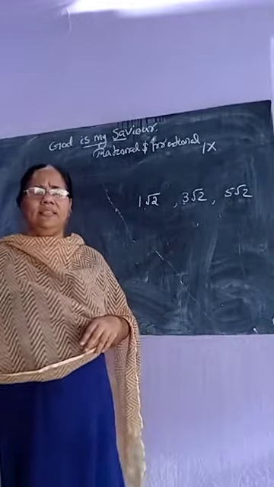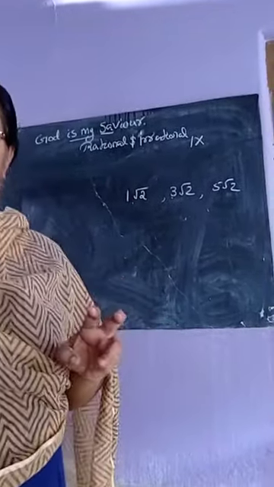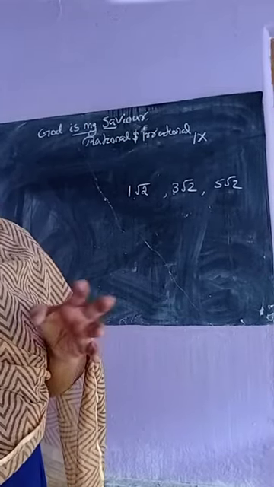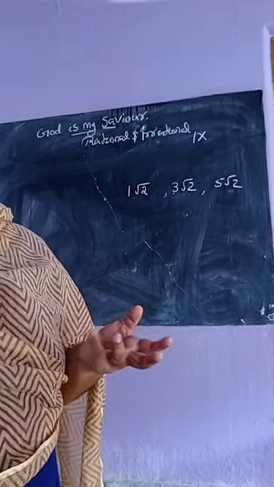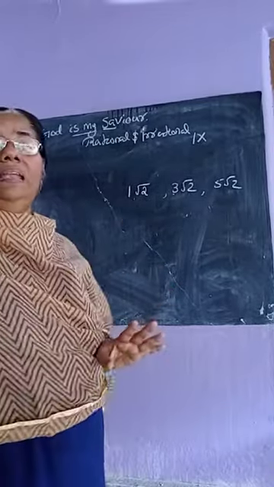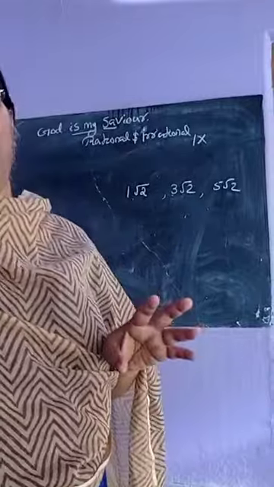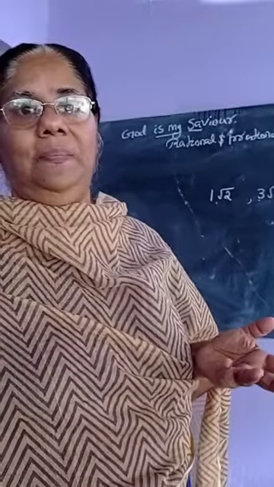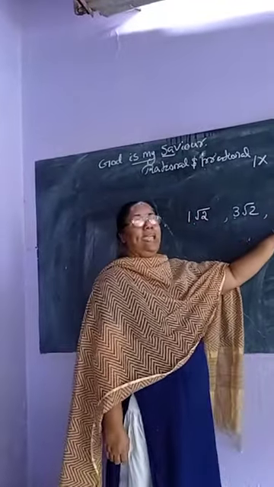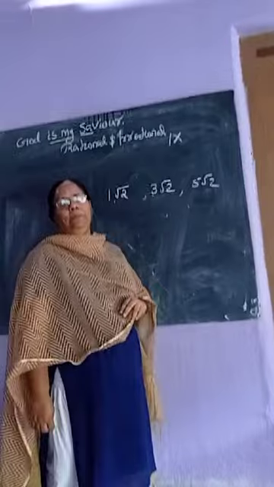Here, can you say what is the radical or the surd? The nth root of a is known as a surd. Now, here these are like terms, like surds. That means inside the root, we write the same number.